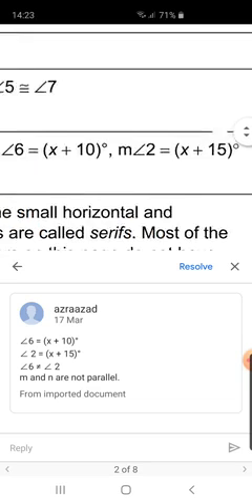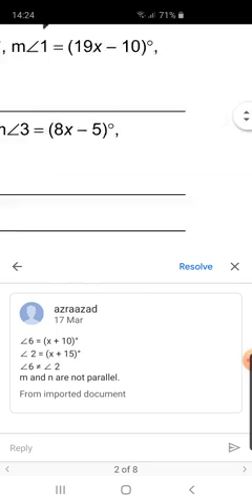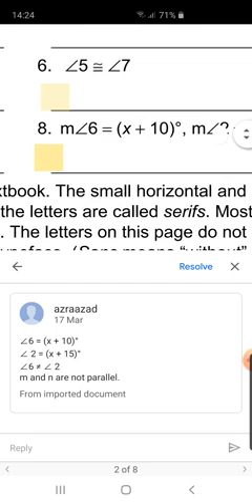Okay, now see this. Angle 6 is x plus 10. Angle 2 is x plus 15. Now, because they are alternate interior angles, right, they should be equal.